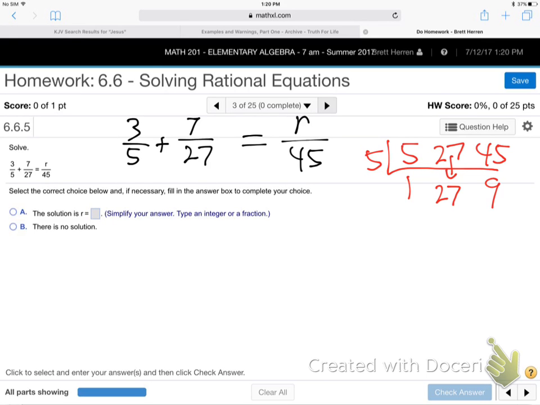Bring down the 27 because 5 doesn't go into 27. Next layer. Ready for another layer? What goes in? 9, obviously. Another layer. 9 goes into 27 3 times. 9 goes into 9 once. Bring down the 1.